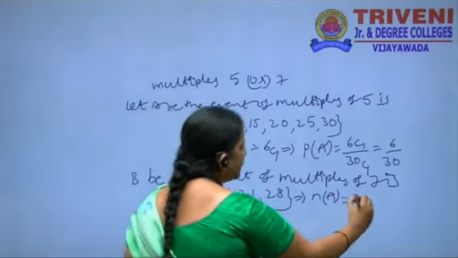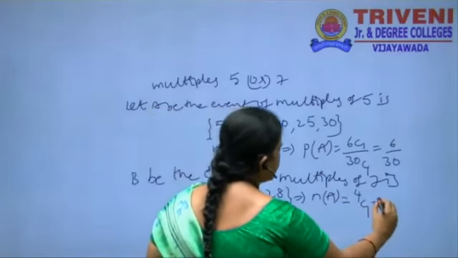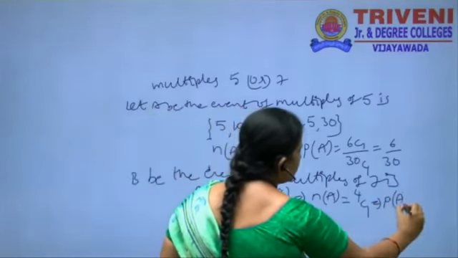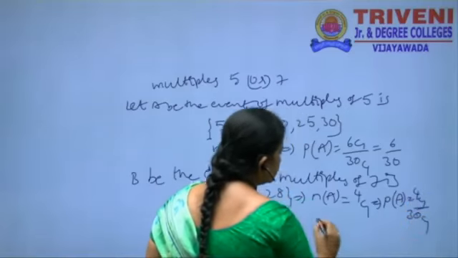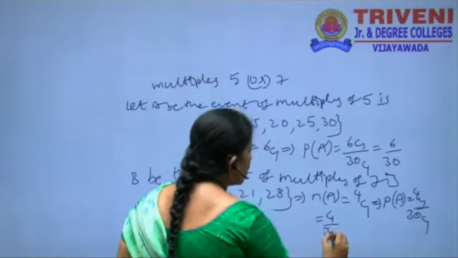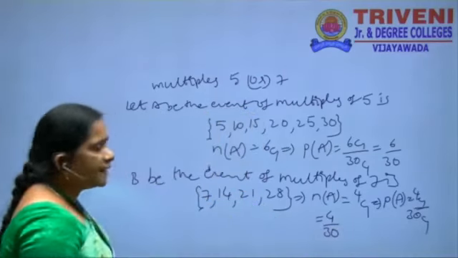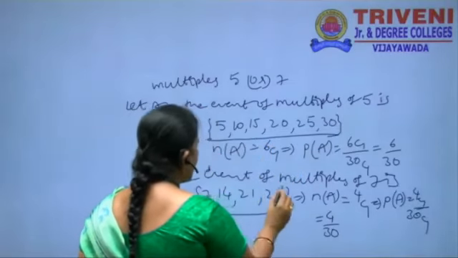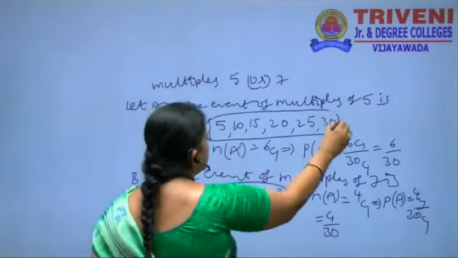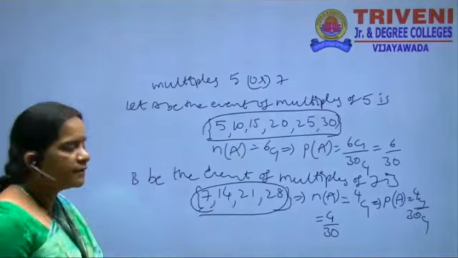We have to take it as 1 number. Then P of B is equal to 4C1 by 30C1, that is equal to 4 by 30. But the intersection part is not there here. 5 and 7 have no intersection value. Therefore, intersection is 0.